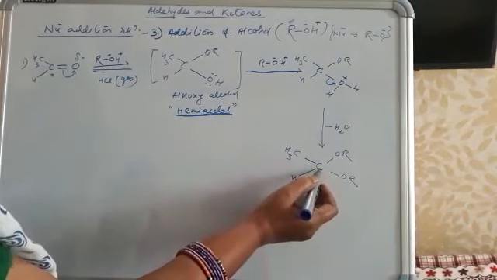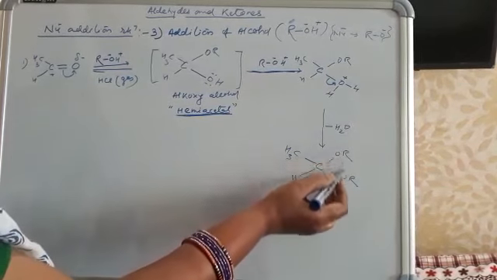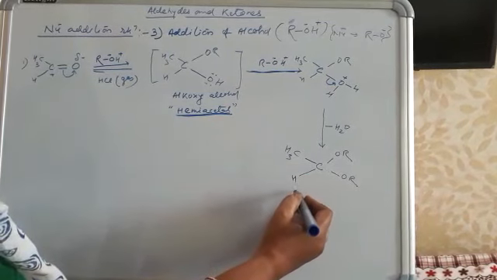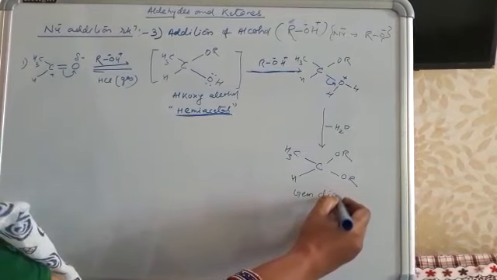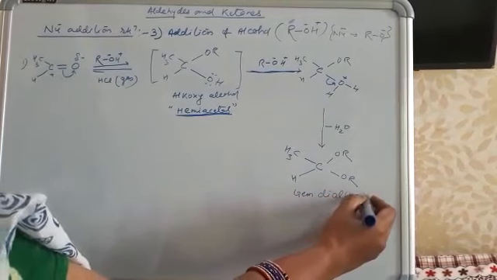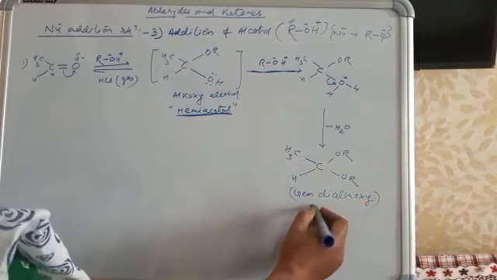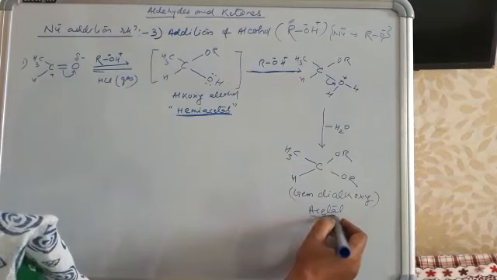Here carbon attached with two alkoxy groups, and both the alkoxy groups are present on the same carbon, so it is known as gem-dialkoxy. Acetal is the famous name of this compound.